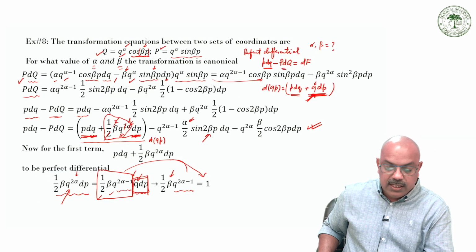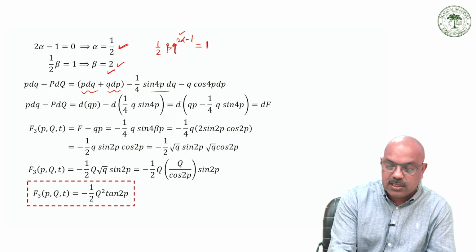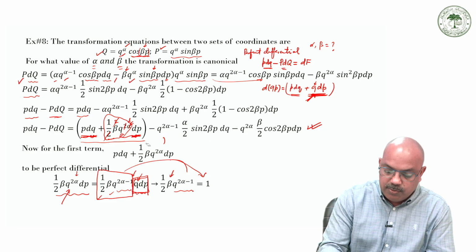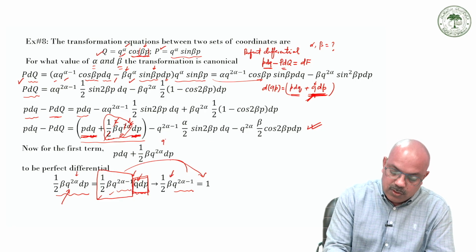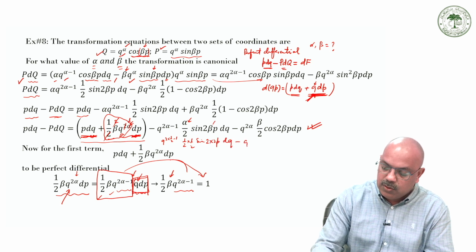So you have already this q dp, and then this third term. If you concentrate here, you're going to put this q to the 2 into half minus 1, and then half into 1 by 2, because this is half, and then you have sine 2 beta, beta is 2, so sine 4p dq, minus q to the 2 into half, and then beta is 2 by 2, and then you have cos 2 beta p dp.